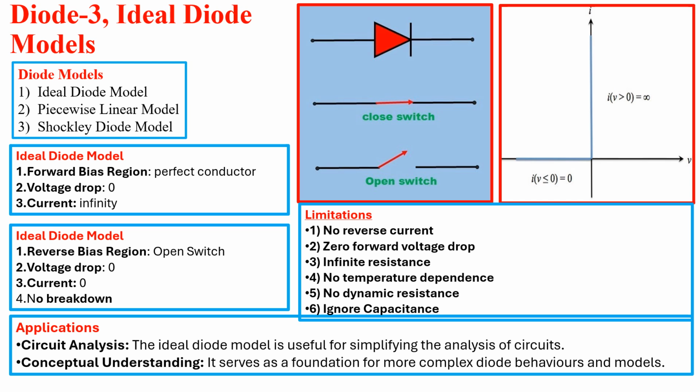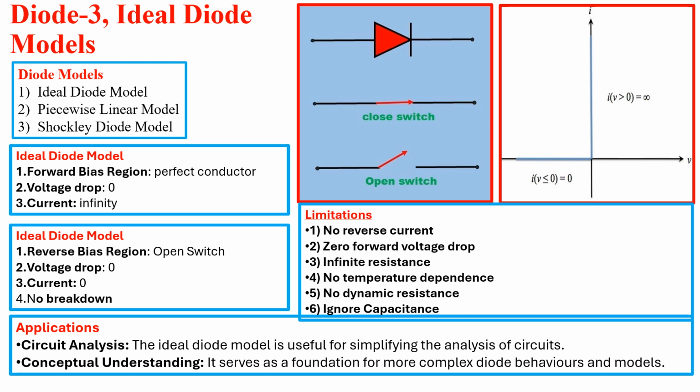Temperature dependence: the ideal diode model does not account for the temperature effect. In a real diode, parameters like forward voltage drop, threshold voltage, reverse saturation current, and ideality factor can all vary with temperature.